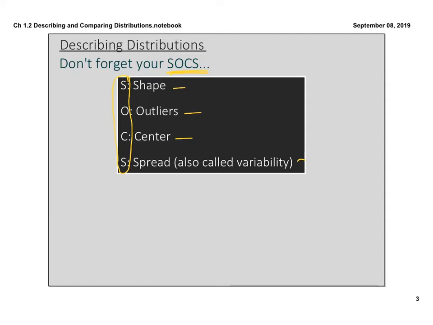Some people do shape, center, and spread all together and then talk about outliers or unusual patterns last, and that's fine. It doesn't really matter. Also called variability when we're talking about the spread, but SOCS. SOCS is a big thing that you're going to remember and that you're going to need to use a lot when you're describing data distributions in this class.